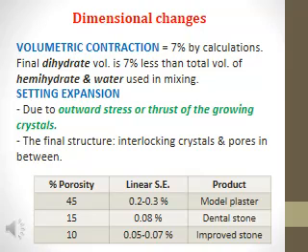Here the model plaster has the highest amount of expansion, and the improved stone shows the least amount of expansion. Also, regarding the porosity, model plaster shows a higher percent of porosity compared to the other two types. Why?